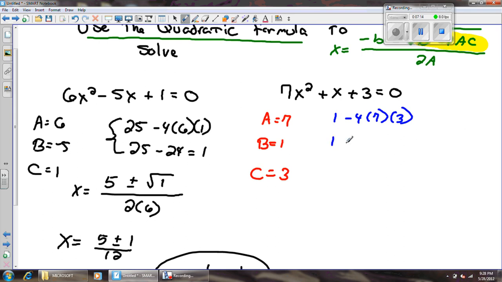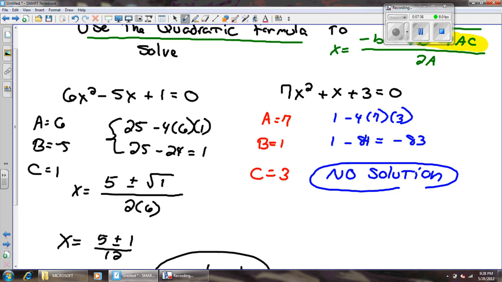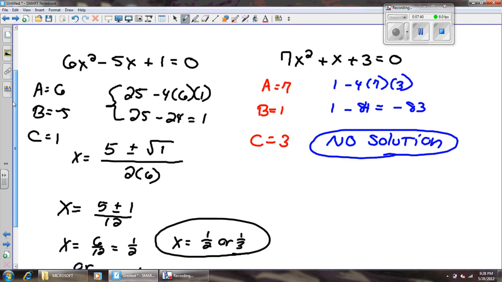So we get 1 minus, let's see here, that'd be 21, 84, negative 83. Okay, I got a discriminant of a number less than 0. I can stop. There's no solution. I'm not going to waste my time going into the quadratic formula because there's no solution. All right, the discriminant told me so.